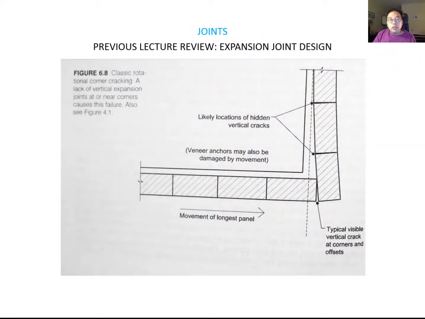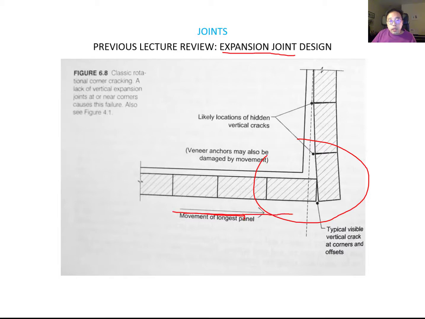Now we talk about the expansion joint. You remember the expansion joint; we already discussed it in the first lecture. First, you have to understand this corner condition. When the weather changes, this stone can expand or shrink.